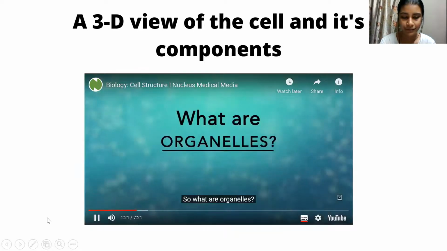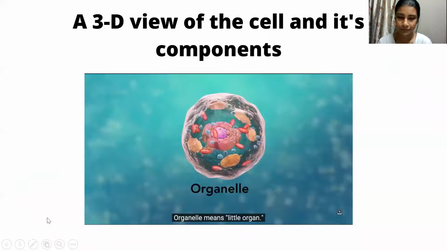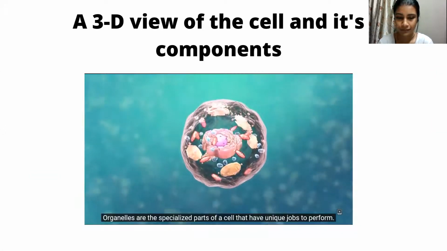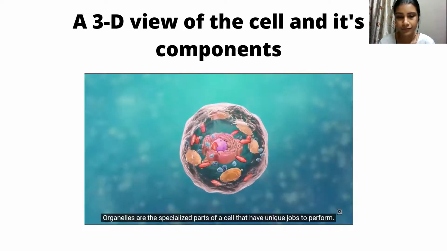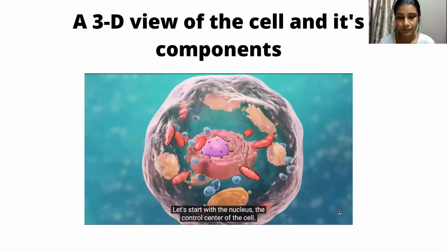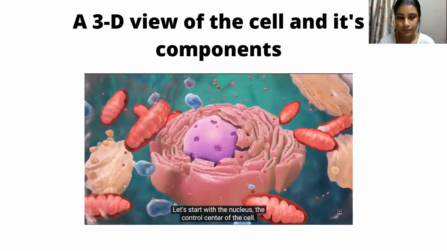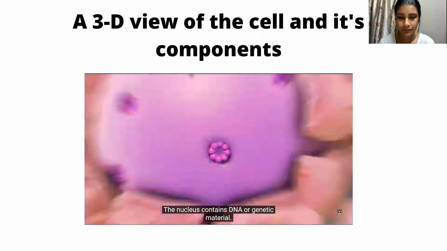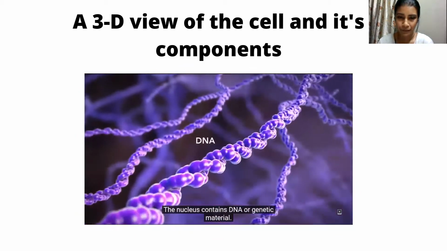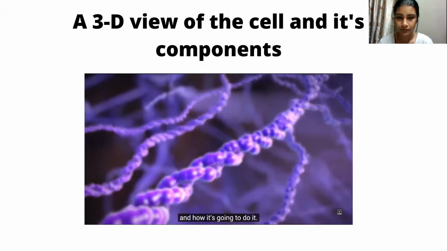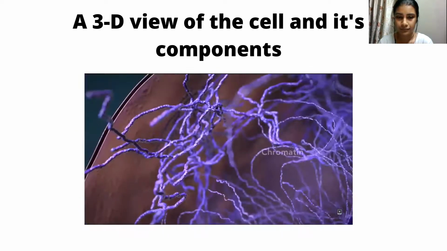So what are organelles? Organelle means little organ. Organelles are specialized parts of the cell that have jobs to perform. Let's start with the nucleus, the control center of the cell. The nucleus contains DNA, or genetic material. DNA dictates what the cell is going to do and how it's going to do it.